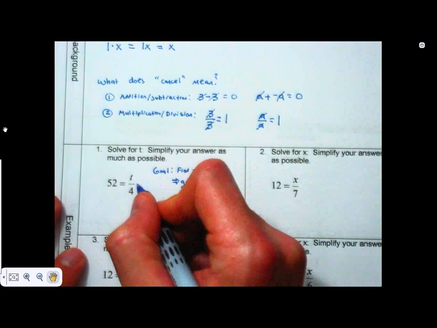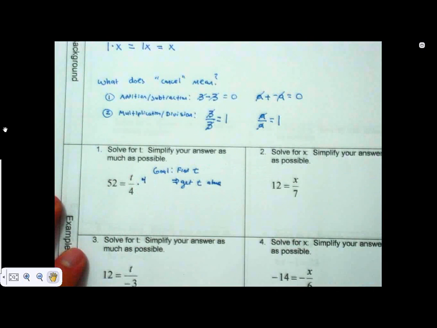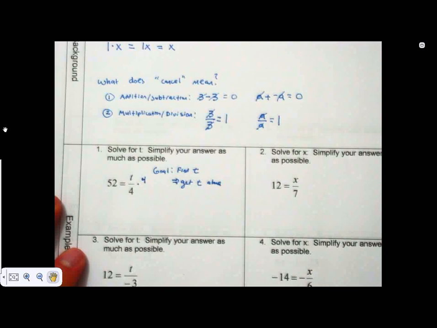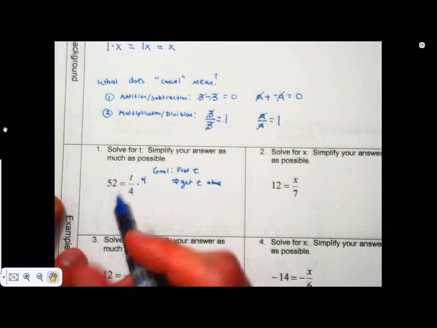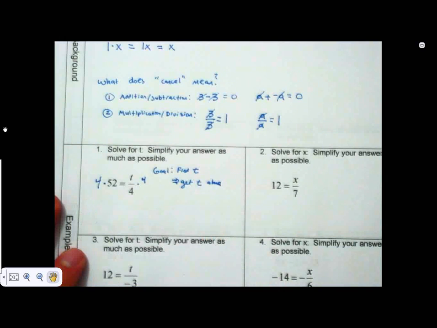So I'm going to multiply the right side by 4. But when I multiply one side of an equation, I have to do the same thing to the other side to maintain balance. So I have to multiply the left side of the equation by 4 as well. And now let's see what's left.